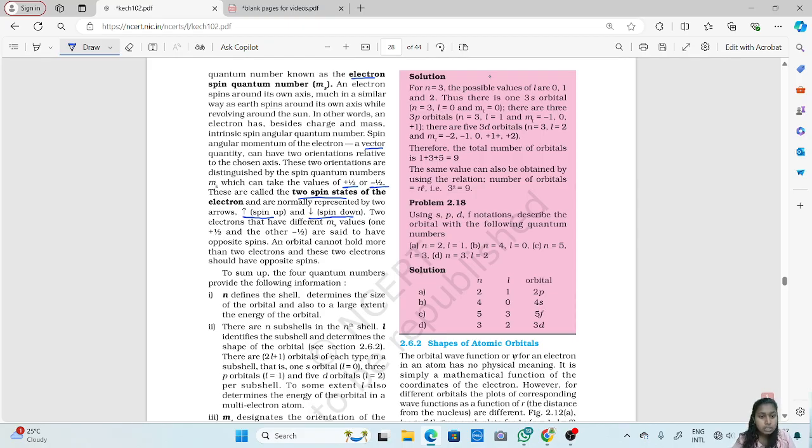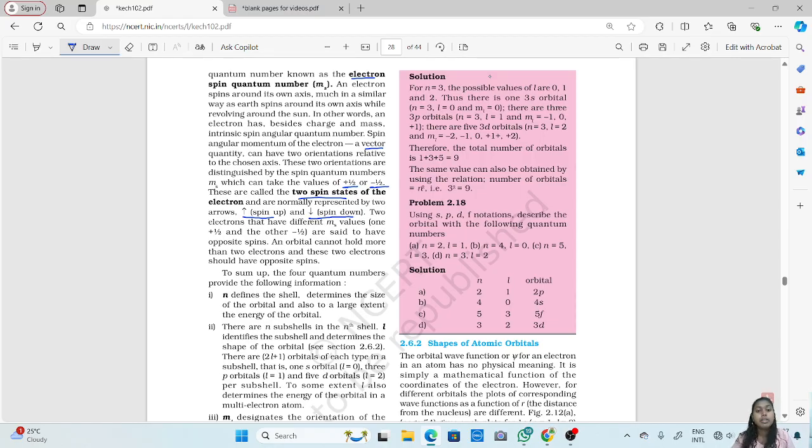So two electrons that have different spin quantum number values, one plus half and the other minus half, are said to have opposite spins. So plus half and minus half means opposite spins, right?